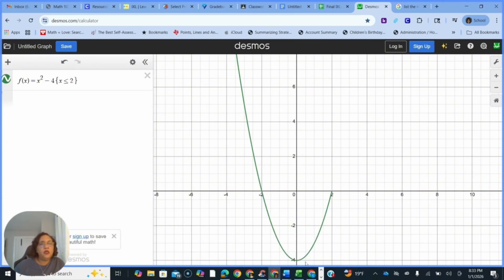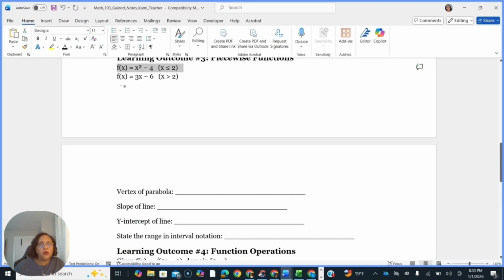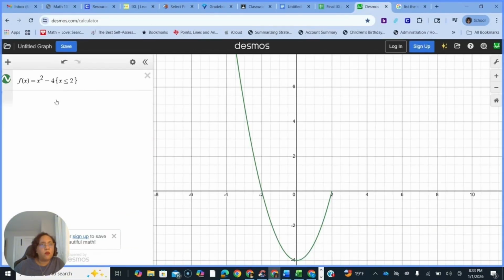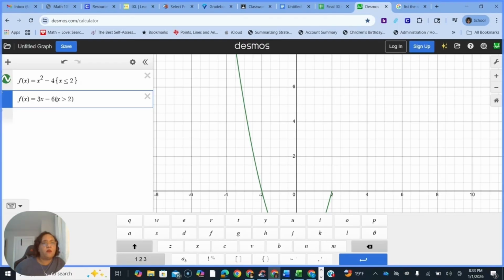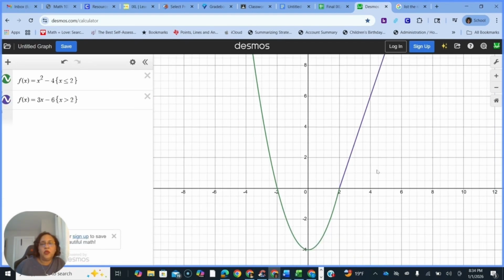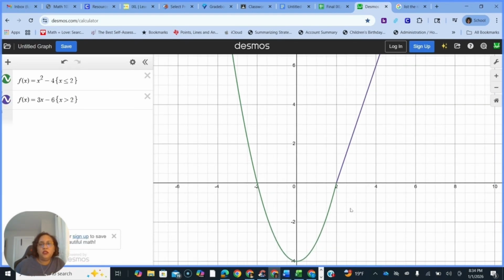And then the other one was... of course, it just had to be goofy. All right. So this is what it looks like.